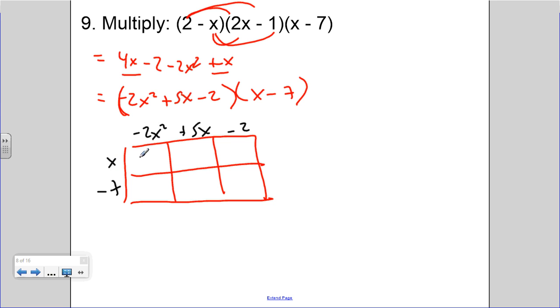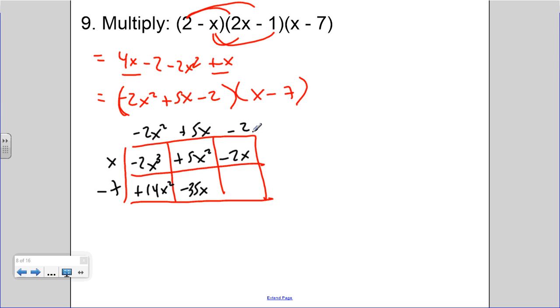X times negative 2x squared, negative 2x cubed. X times positive 5x, positive 5x squared. X times negative 2, negative 2x. Negative 7 times negative 2x squared, positive 14x squared. Negative 7 times positive 5x, negative 35x.